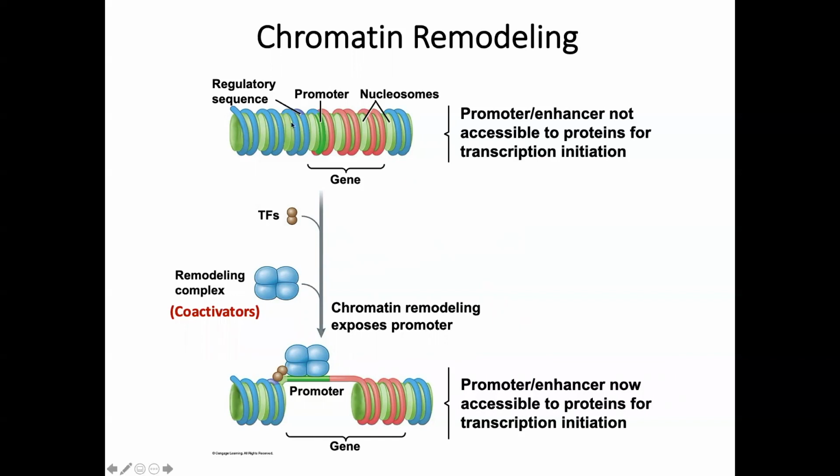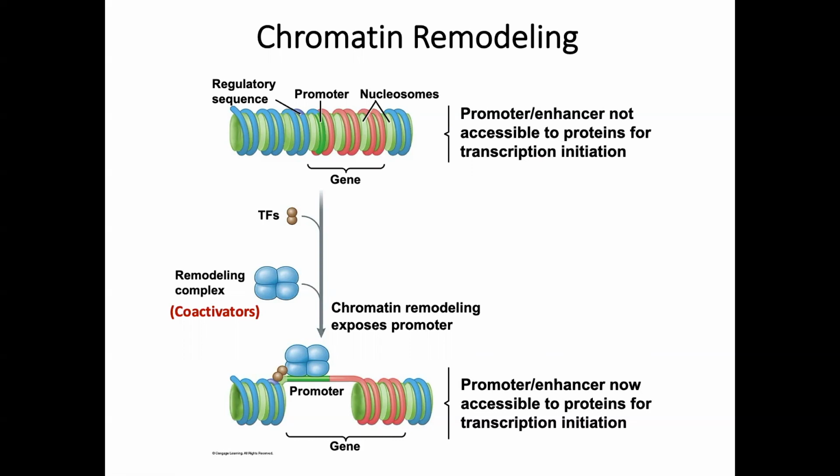Showing here, they may be embedded inside the nucleosome structure. So chromatin remodeling is the rearrangement of chromatin from a condensed state to a transcriptionally accessible state, allowing transcription factors or other DNA binding proteins to easily access DNA and control gene expression.